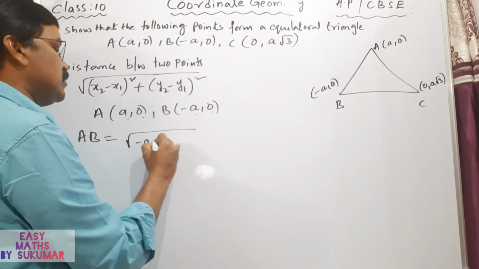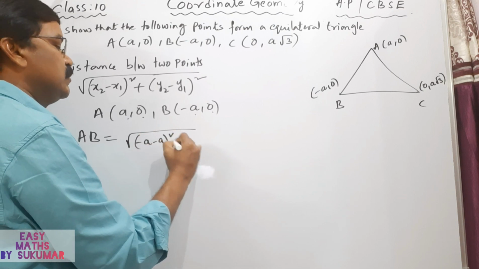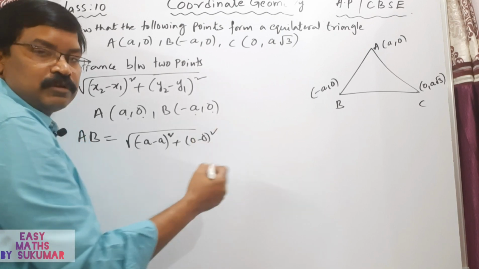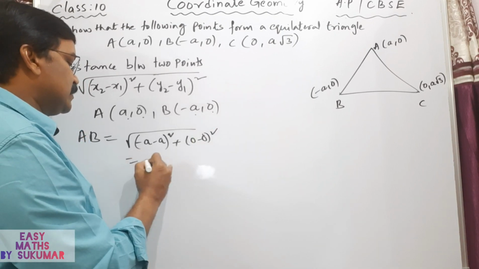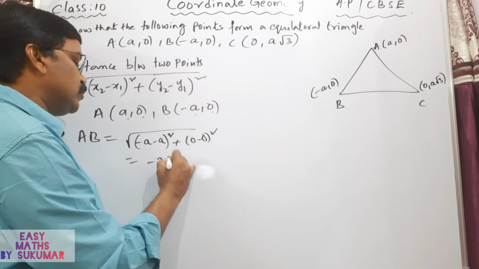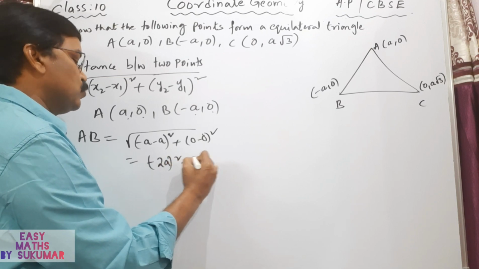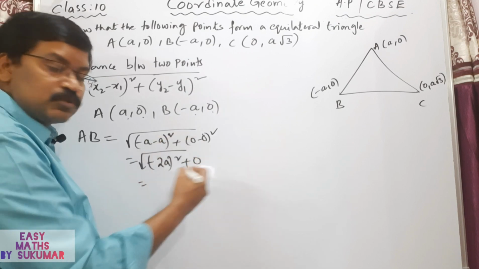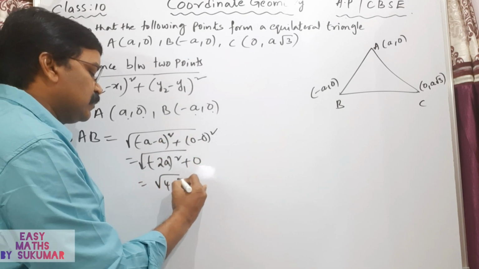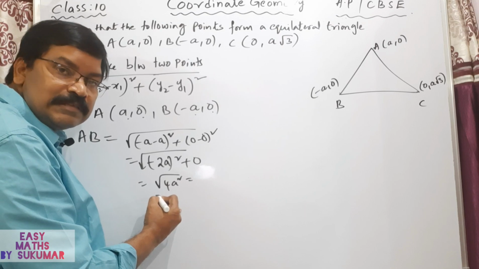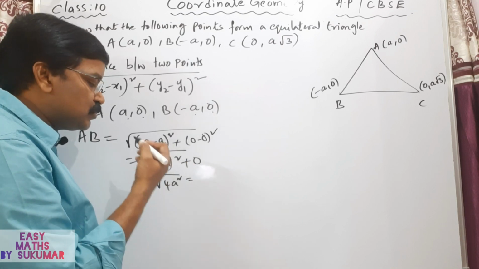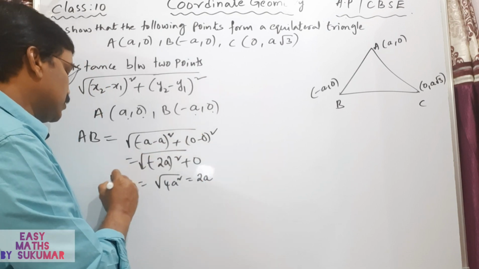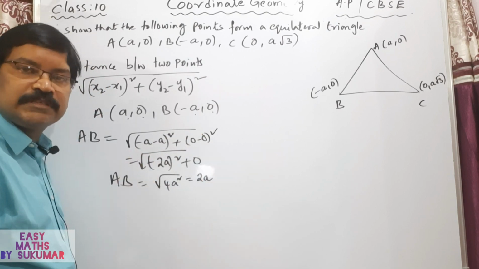That means (minus a minus a) is minus 2a whole square plus (0 minus 0), which is 0 only. So this is under root. Minus 2a whole square is 4a square. The square root of 4 is 2 and a square is a. That means this is 2a units. That means AB is equal to 2a units.